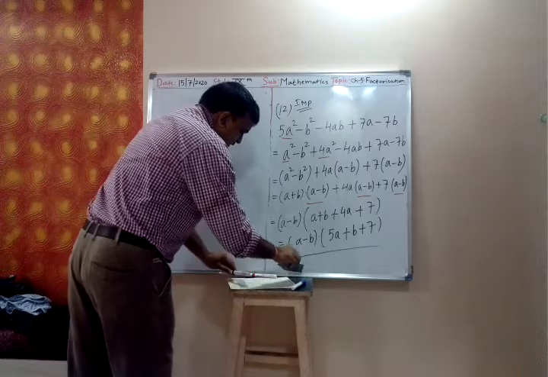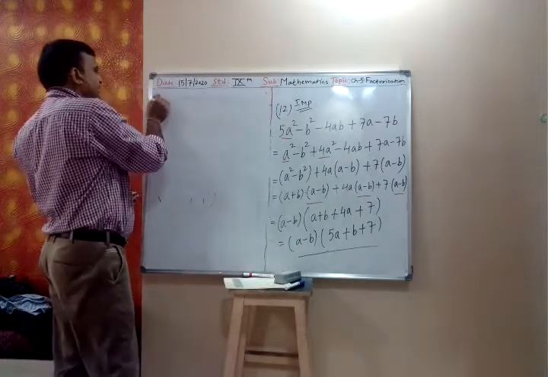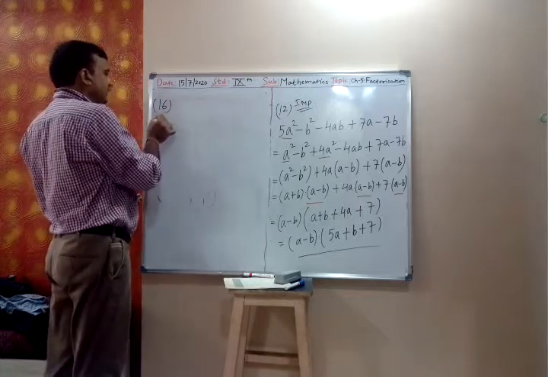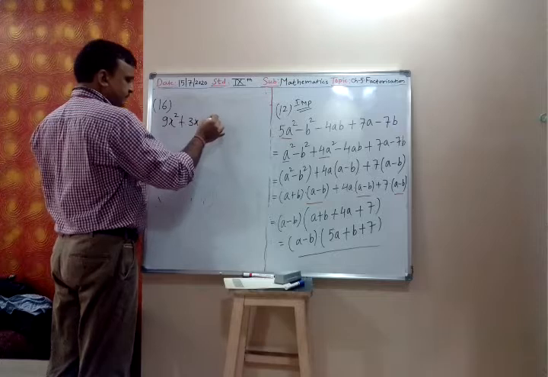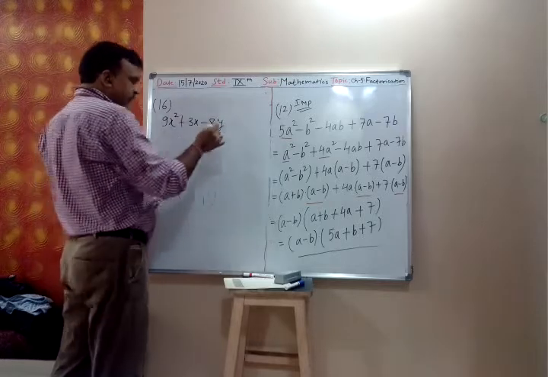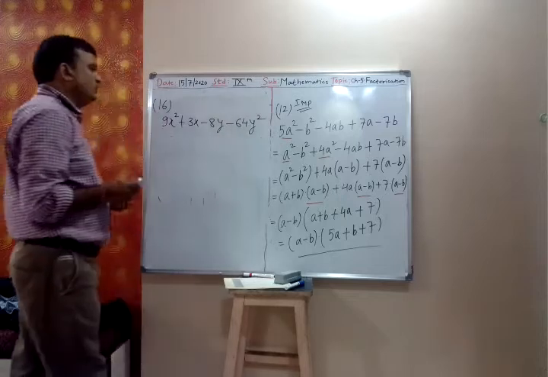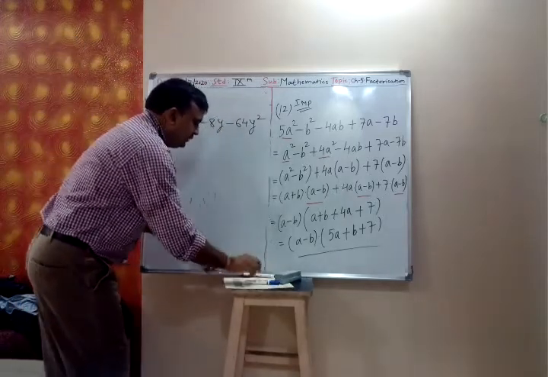Now, 13, 14, 15 are homework. Okay. 16: 9x square plus 3x minus 8y minus 64y square. So total there are 4 terms. Yes, we will do the grouping.